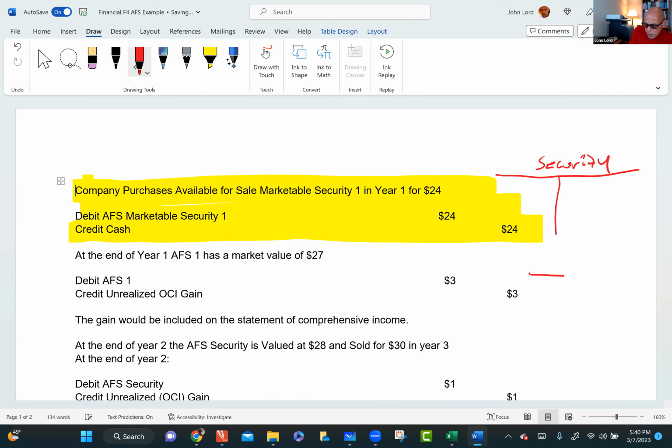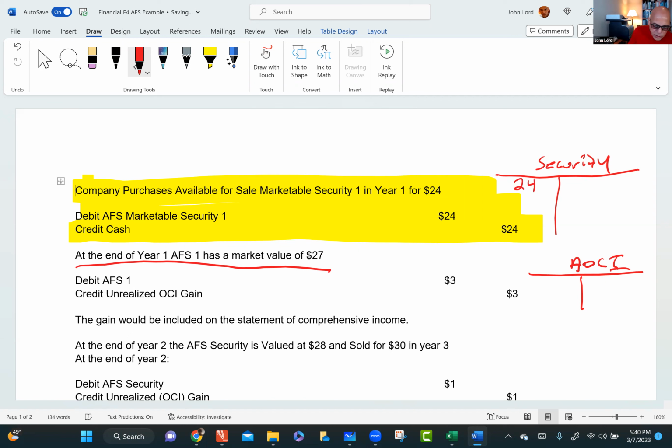And I'm going to tee up accumulated other comprehensive income. Okay, now what happens when they look at the end of the first year and the securities come up to 27? Okay, so they originally debited for 24.